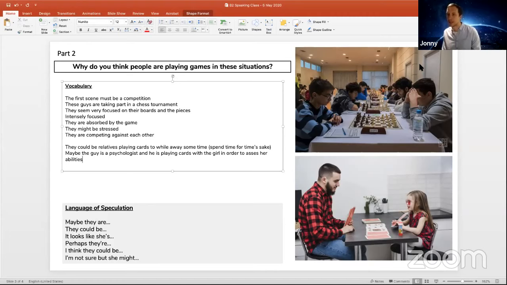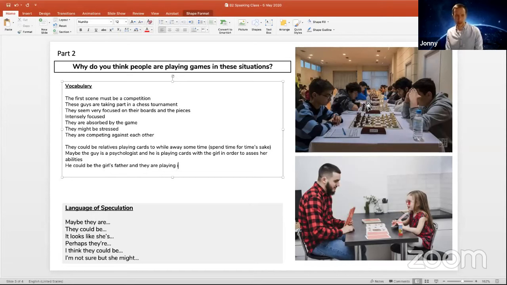Tere, you said the second picture could be a father with his daughter and they are playing for helping the girl. Maybe she has a problem. Yeah. Let's see. We could say he could be the girl's father and they are playing in order to help the girl.